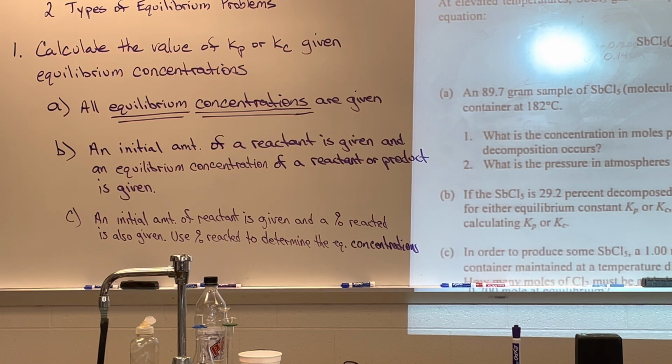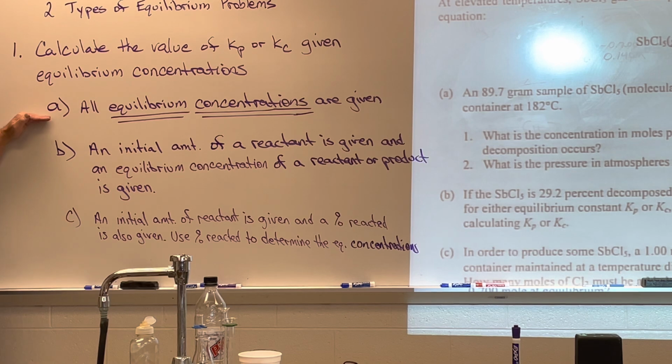All right, so here's your third and final. An initial amount of reactant is given, but this time it's a percent to find the change. All of these are, you're given something you have to know. If you have to find K, you have to know all of your equilibrium concentrations. It's just different ways of getting to that point. Do they just give you all your equilibrium concentrations?